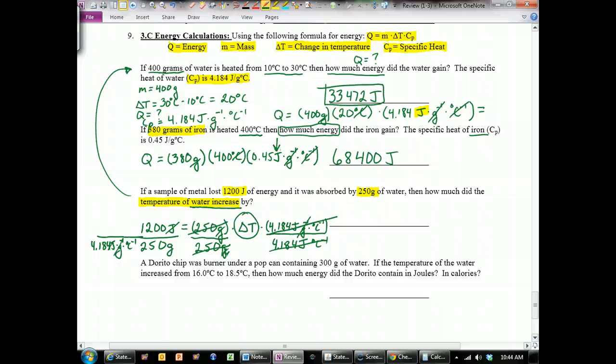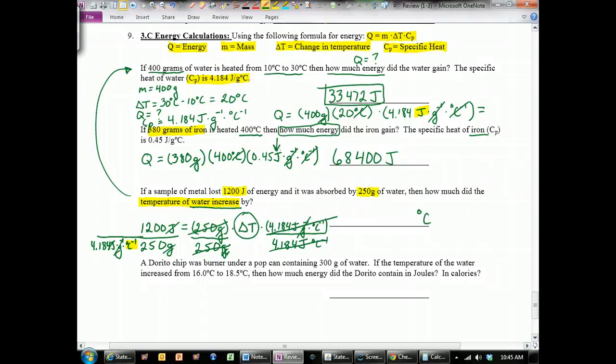Degrees Celsius and grams cancel, and we're left with 1 over Celsius to the -1, and the inverse of -1 puts it up on top. So we're going to end up with the units of degrees Celsius once we've canceled them out.